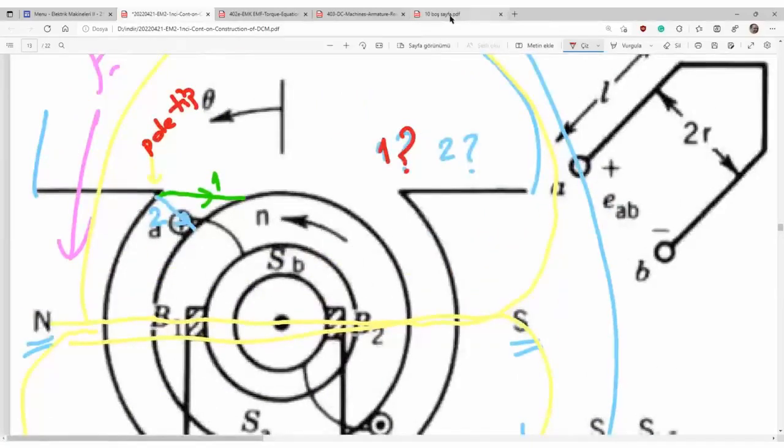Remember electromagnetic field theory last year.